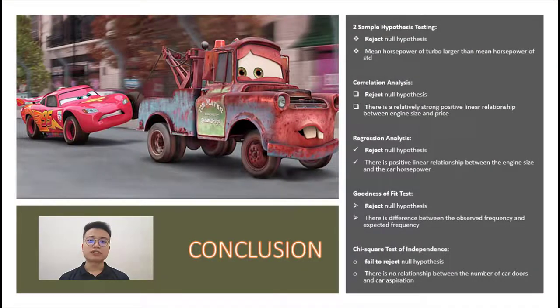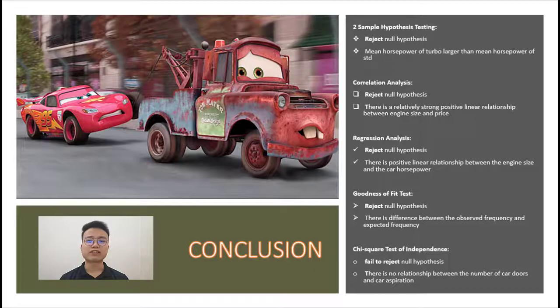There are a few conclusions that I get from the 5 analyses. Firstly, I found out that the mean horsepower of the turbo aspirated cars is larger than the mean horsepower of standard aspirated cars from the 2-sample hypothesis testing. Next, I found out that there is a relatively strong positive linear relationship between the car engine size and the car price.